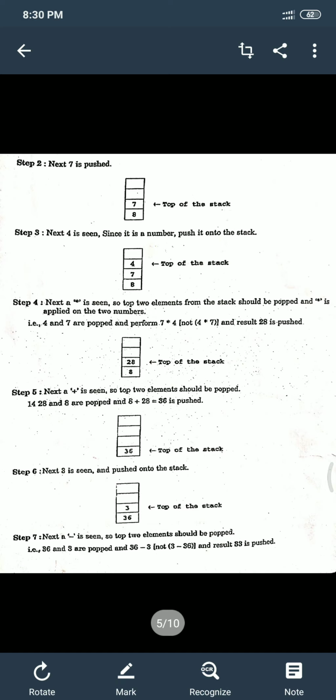That is the reason you could see that 4 and 7 are popped and we perform 7 multiplication 4, and the result is 28. Again this 28 will be pushed onto the stack.